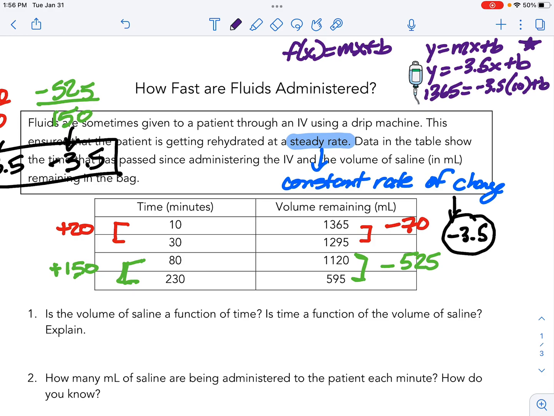I'm using this as my x value, and this as my y value in this function. It would work for any single point. I'll do the math work here. If I add 35 to both sides, that takes me to 1400 as my b value.